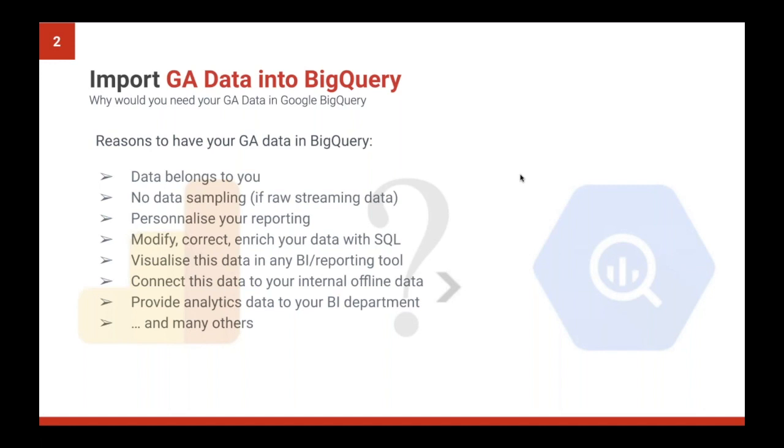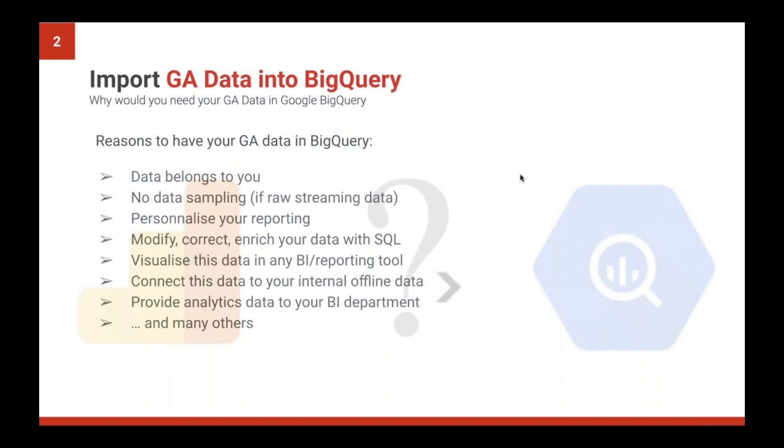You will be able to personalize your reporting as you wish, because you will be able to modify this data using SQL, with plenty of different formulas, and there are plenty of possibilities to really change your data as you wish in Google BigQuery.